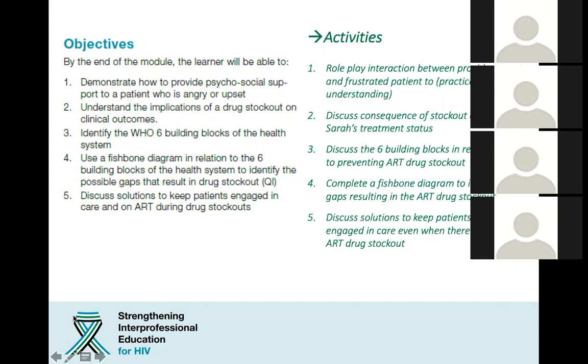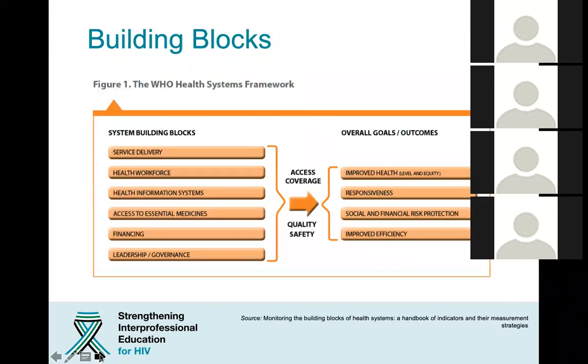Then the third is to introduce the participants to the World Health Organization's 6 building blocks. Mike, can you go to that slide? So there you can see the 6 building blocks: service delivery, health workforce, health information systems, access to essential medicines, financing, and leadership and governance.